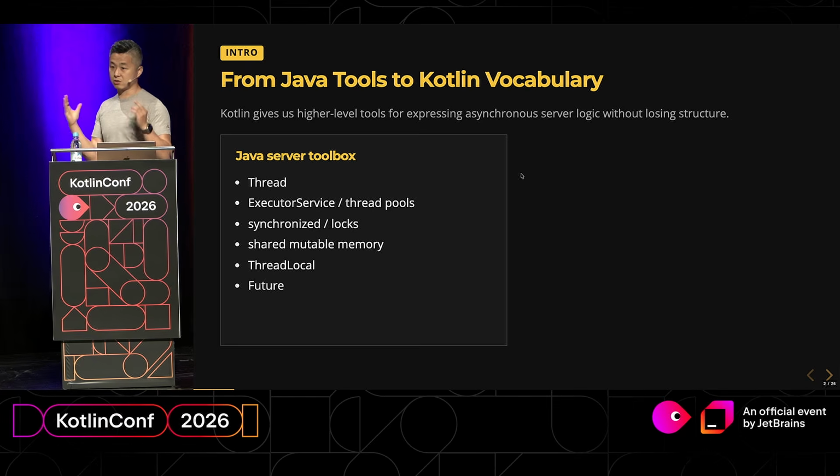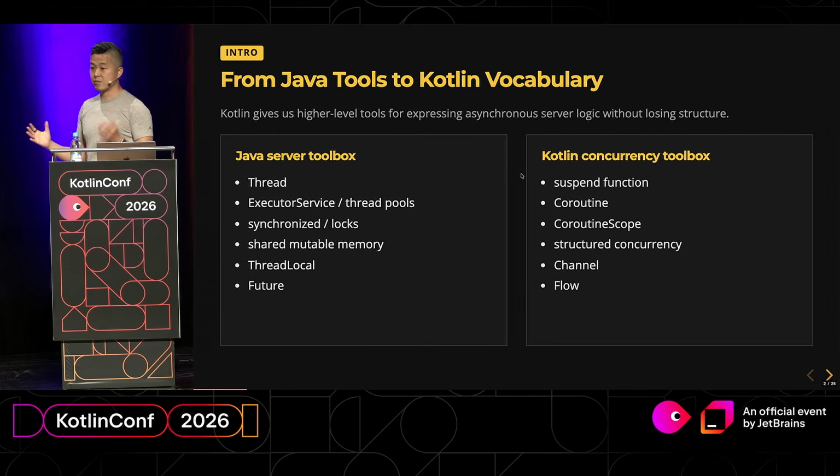That creates a discrepancy. Kotlin, on the other hand, gives you much higher level concepts, a much higher level toolbox. You have the suspend function, you have coroutines, you have the coroutine scope, which powers structured concurrency, and you have very high level code constructs called channels and flows.